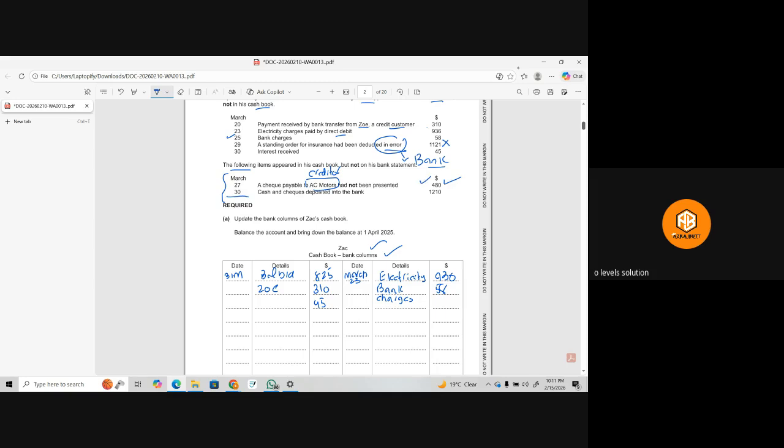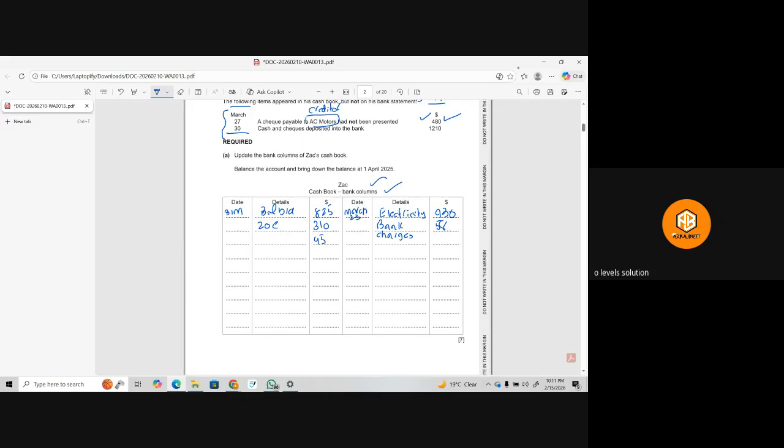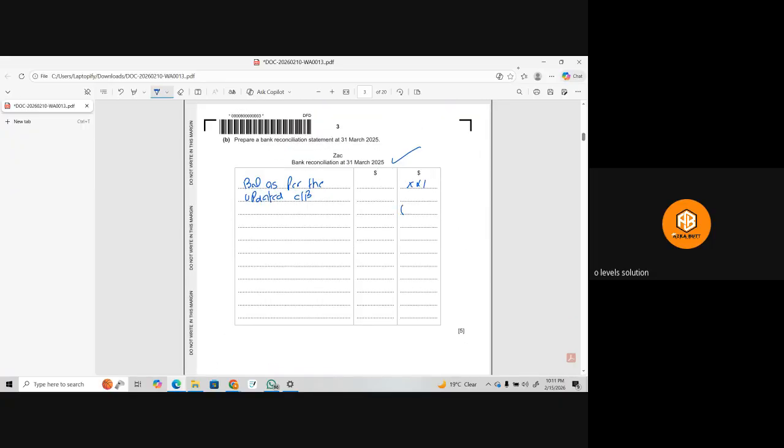So that is why we will be deducting these unpresented cheques. So whatever answer you get here, you just simply need to deduct this 480 from here, and write unpresented cheques. Okay.